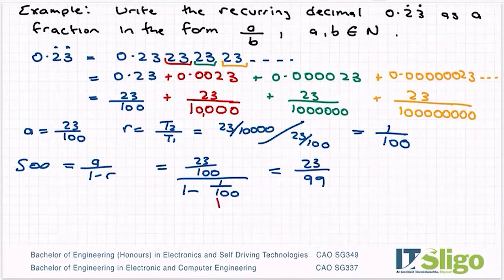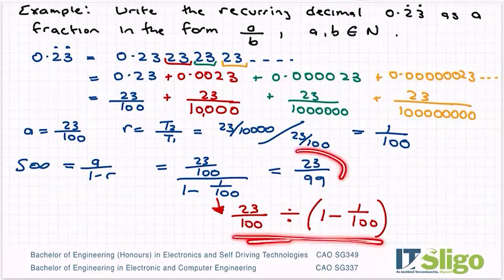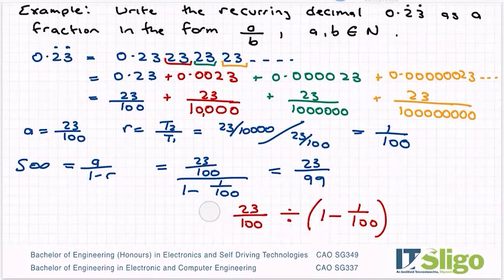The easiest way of putting this into your calculator is to go 23 over 100 divided by bracket 1 minus 1 over 100. Then you eliminate your calculator ever making that mistake. I tend to always do this to figure out if I've made a mistake putting it in as a fraction button. So that's how you do it on your calculator.